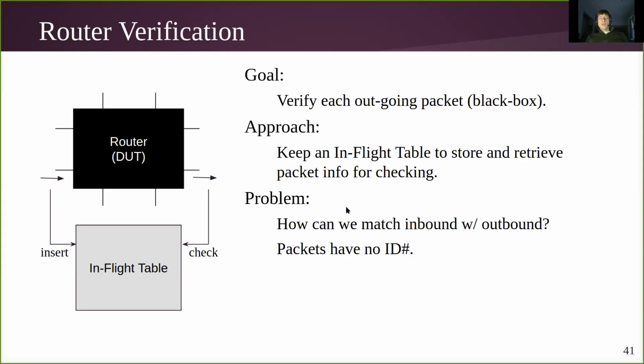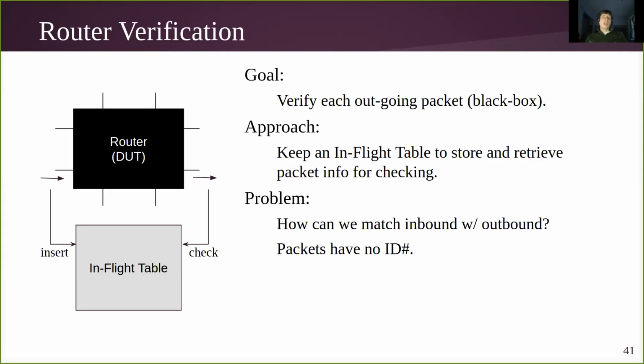So one of the challenges here is knowing, when we see something come out, what it matches up with going in. Very likely the packet or flit coming out doesn't have an identifying field, and might not have an ID.